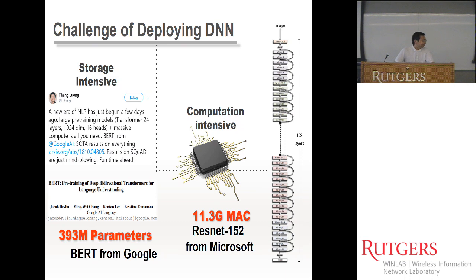That's very huge, so this is a very storage-intensive method. Also, for the very famous ResNet, this kind of convolutional neural network from Microsoft, ResNet-152 contains 152 layers. It requires more than 11 giga MACs, where each MAC includes one multiplication and one addition, to process one image. So that is a very computation-intensive example.